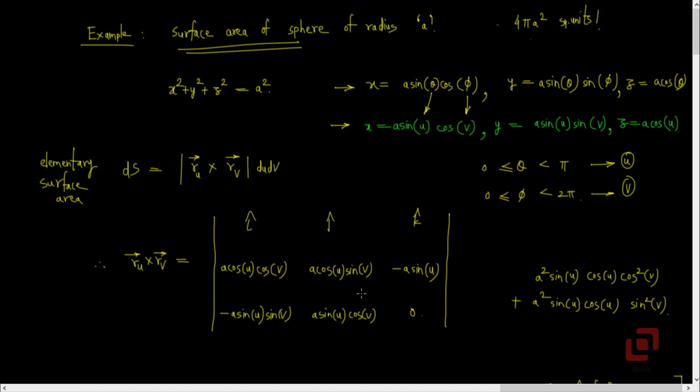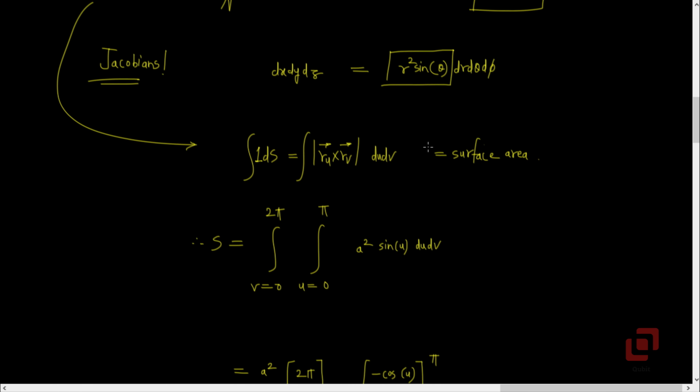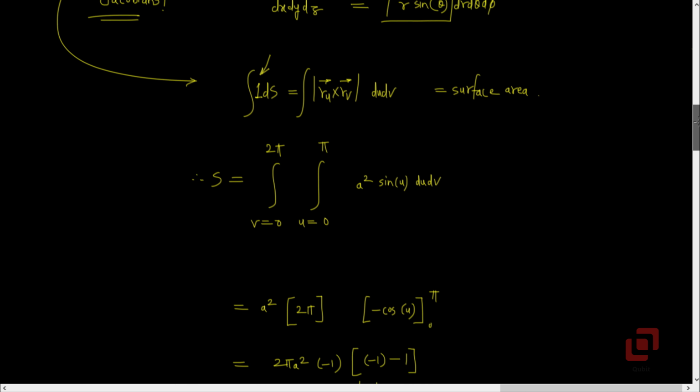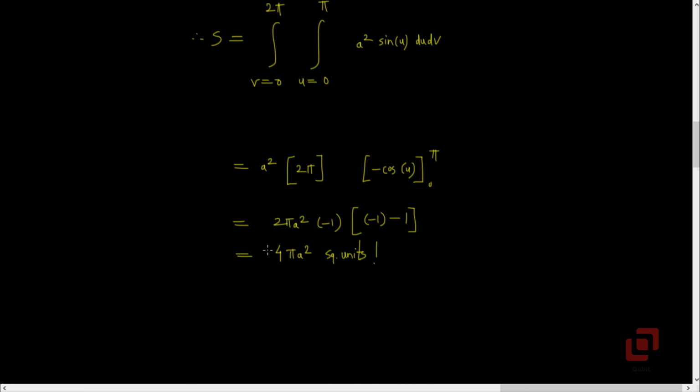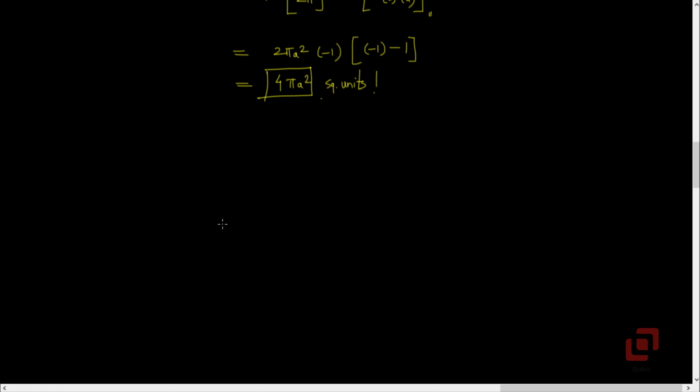We did the necessary calculations. We took the integrand as 1 here to calculate the surface area, and ultimately we reached our destination, 4 pi a squared. So that concludes our discussion on parametrization of surfaces.